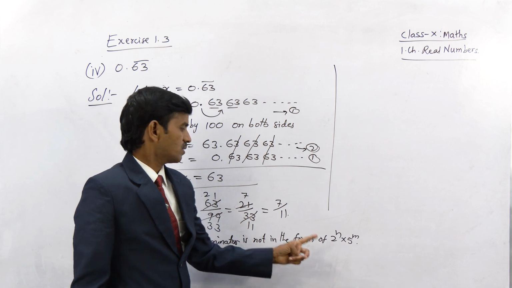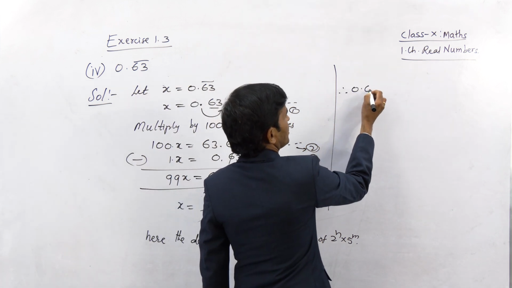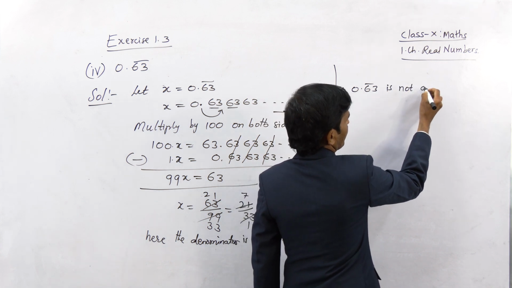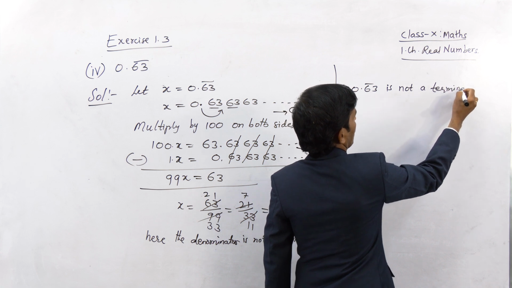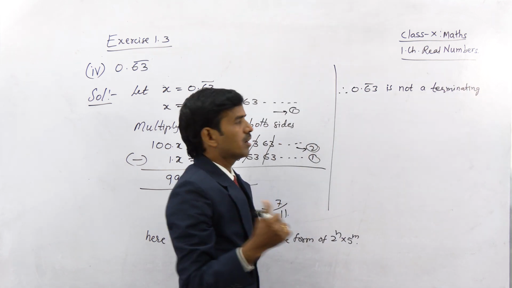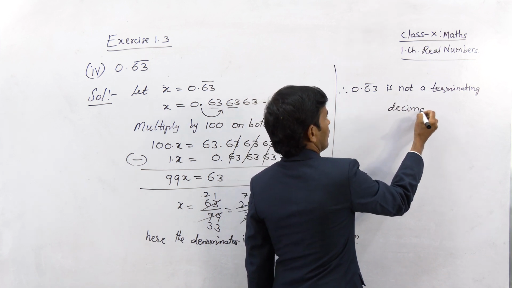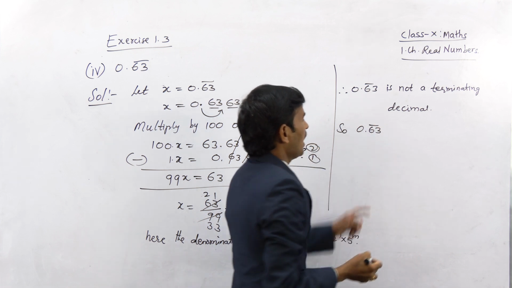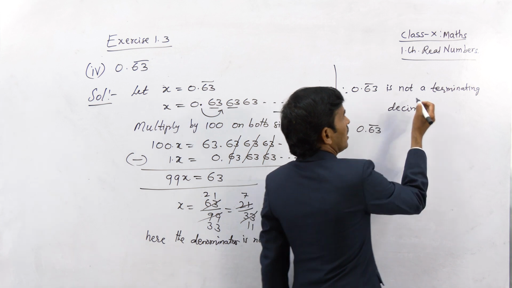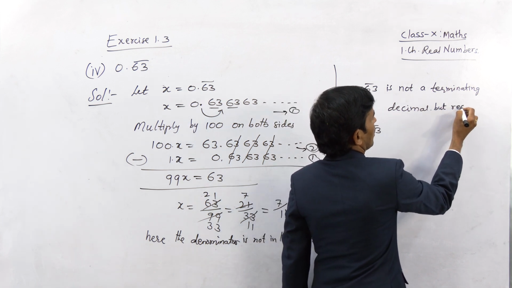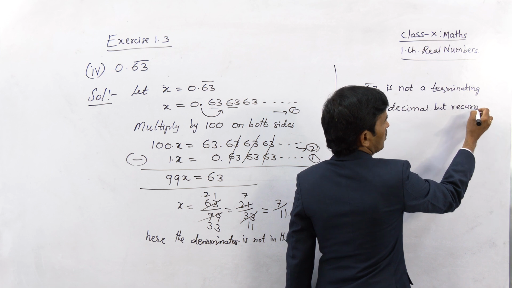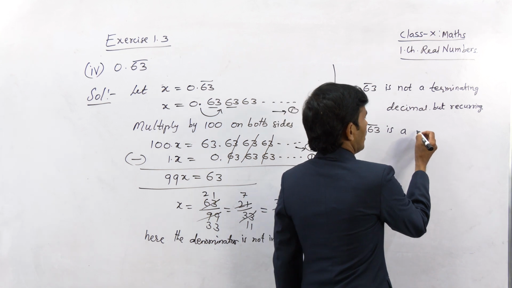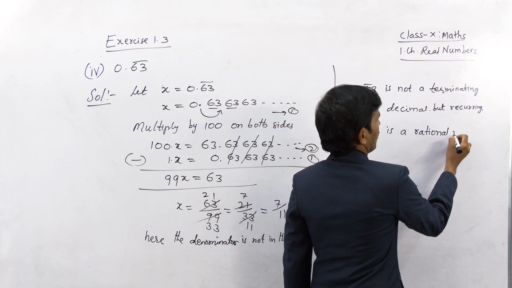As it is not in this format, therefore 0.63 bar is not a terminating decimal. 0.63 bar, as these digits are repeating, is not terminating but recurring or repeating, both the same. 0.63 bar is a rational number.